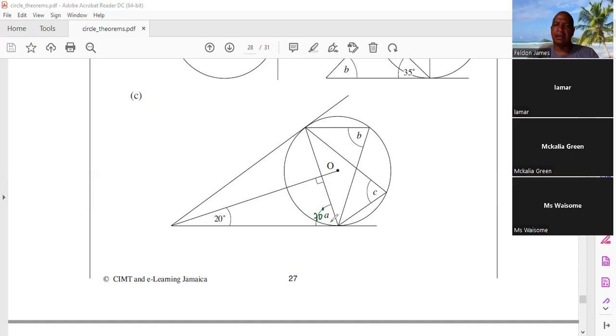Yes, sir. Right. So what would it be? Would it not be the same 70? 70, right, good. And C would be what? They are forming in the same segment, so C is 70 as well. 70 as well, right?